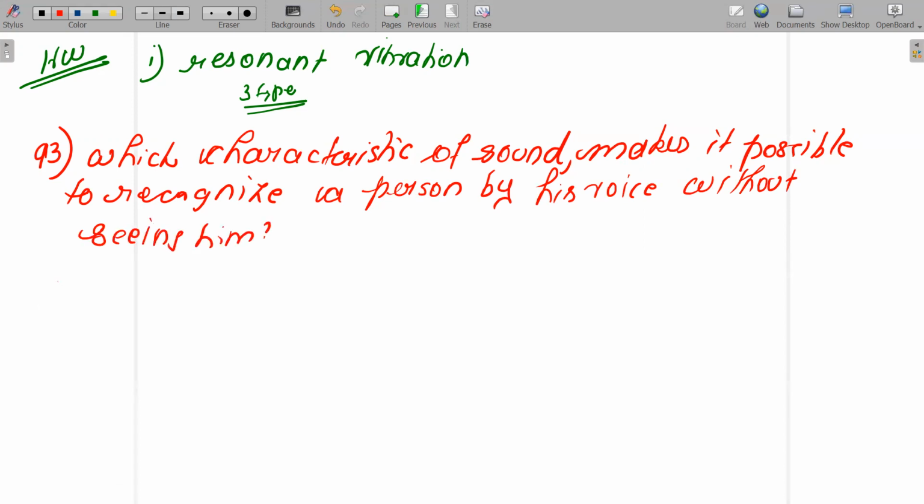What is that? Quality. Understood? Not equality. Quality. Or you can write it as waveform.